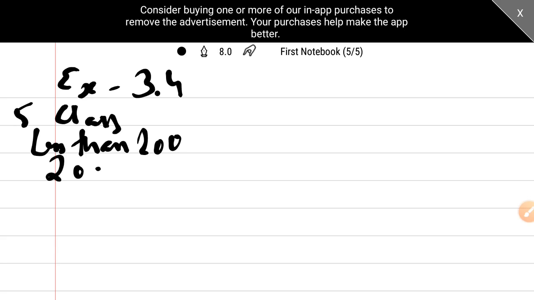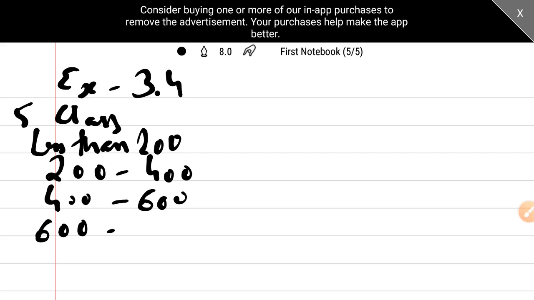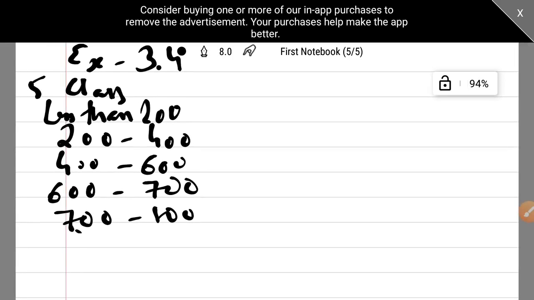After that 200 to 400. Then 400 to 600. Then 600 to 700. Then 700 to 800, and lastly it is 800 and above.